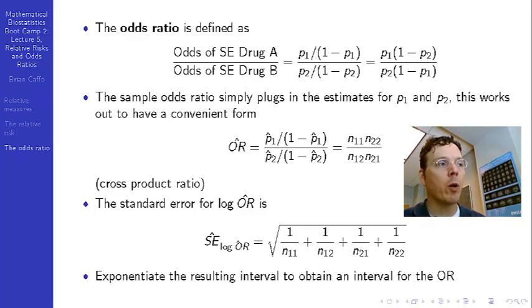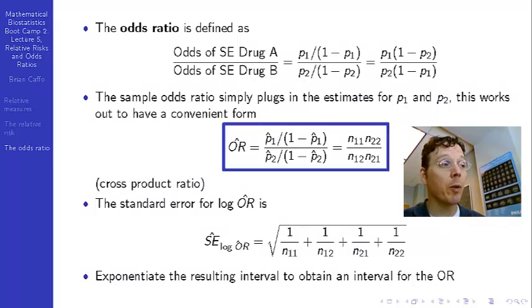If it's bigger than 1, it's going to suggest a greater propensity of side effects for drug A, and if it's less than 1, it's going to suggest a smaller propensity for side effects of drug A. And then the obvious estimate of the odds ratio is P1 hat divided by 1 minus P1 hat, over P2 hat divided by 1 minus P2 hat.